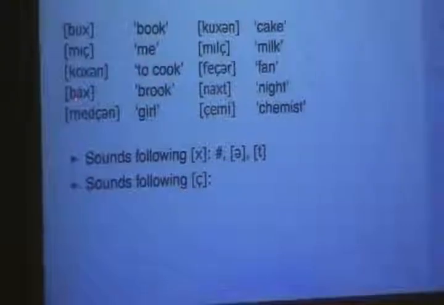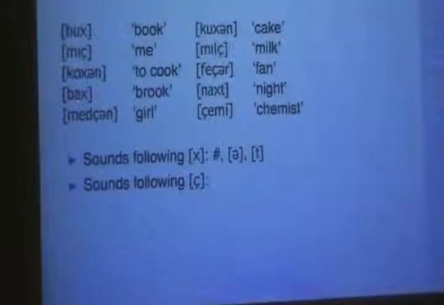What do we see following hya? Yeah. This sound. And what else?